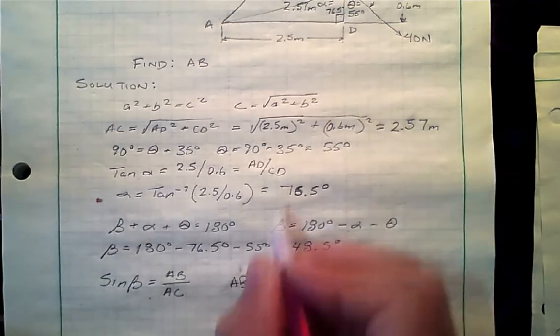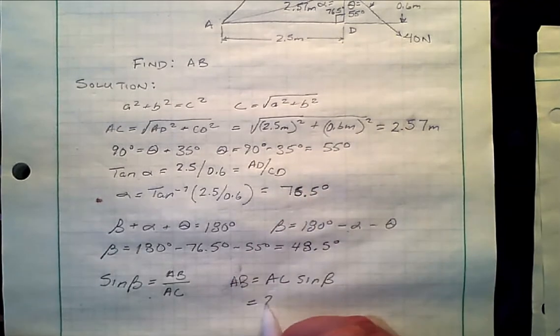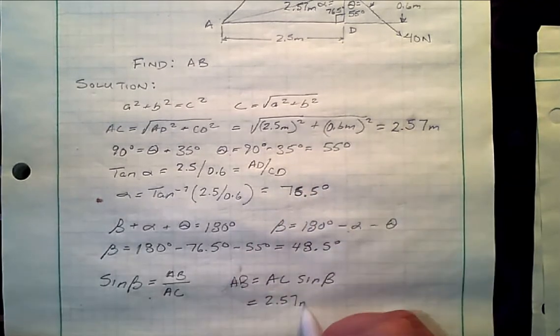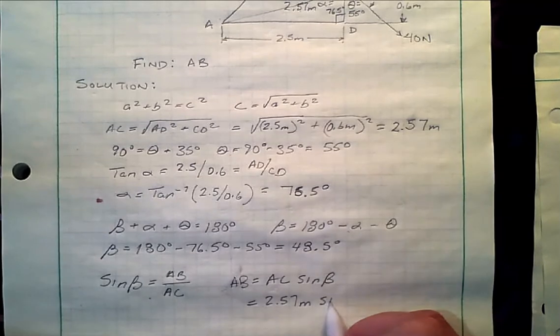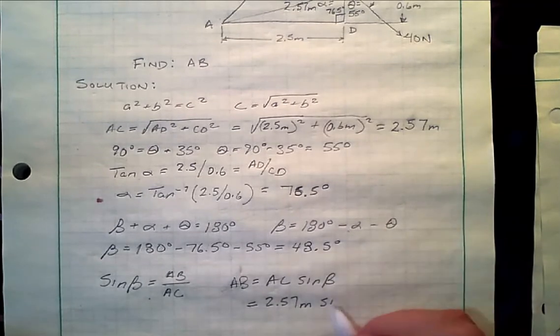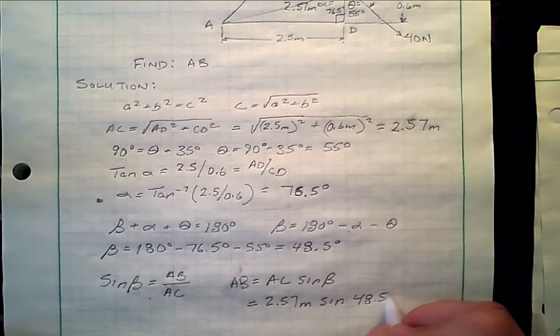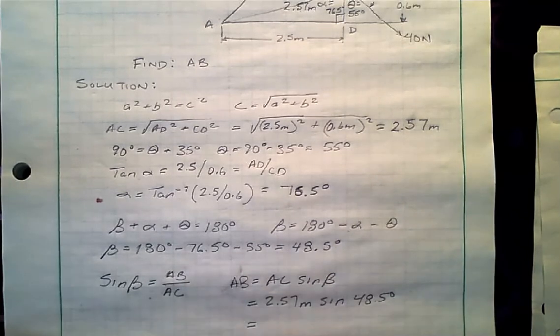Put our values in. AC is 2.57, again in meters, times the sine of beta, and in this case beta is 48.5 degrees.